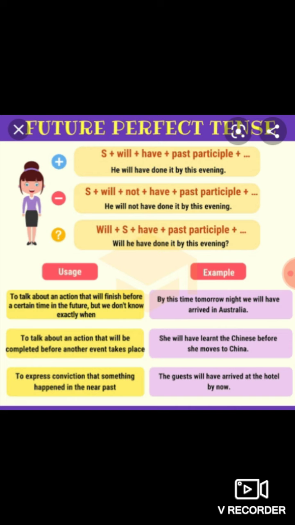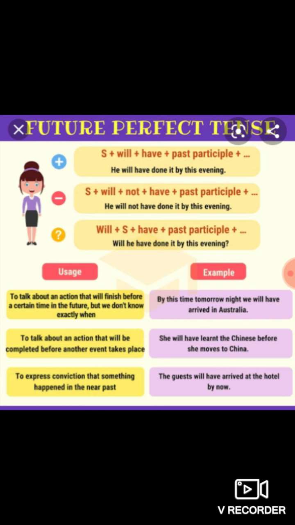It is used to express an action which will finish before a certain time in the future, but it is not clear exactly when that work will finish. Example: by this time tomorrow night we will have arrived in Australia.